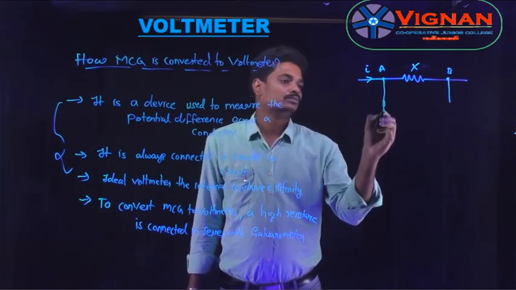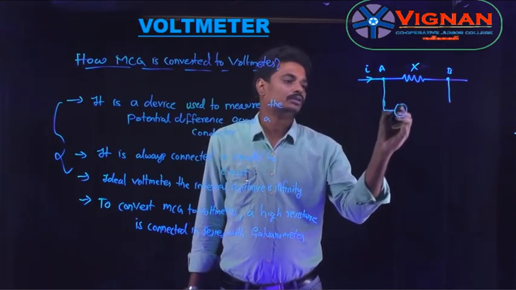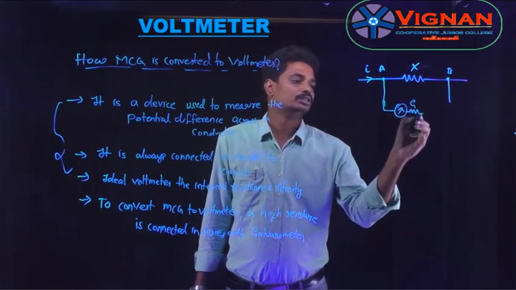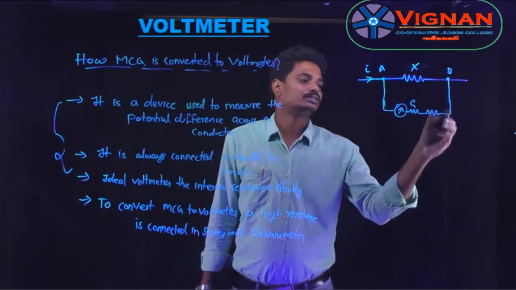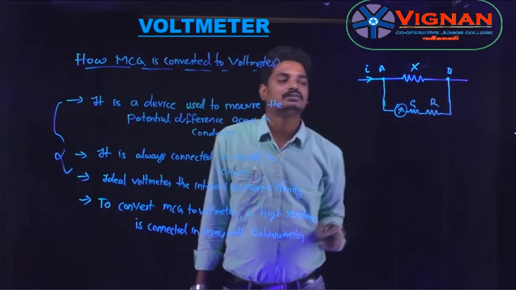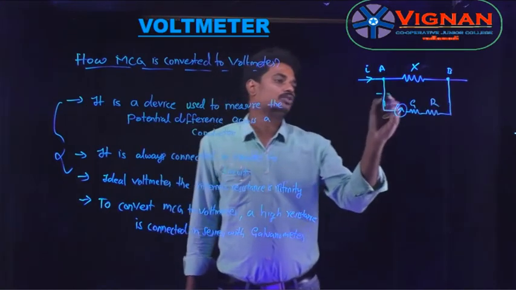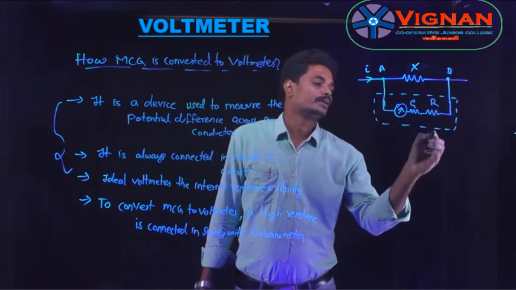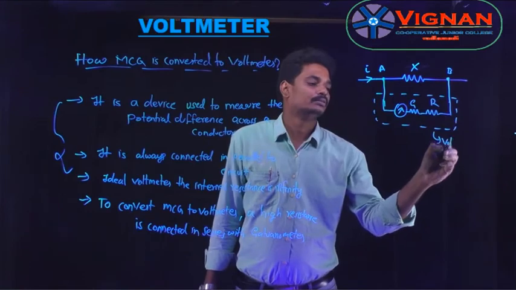So here we need to use a galvanometer of internal resistance G and a high resistance R in series with it. This total circuit gives us the voltmeter.